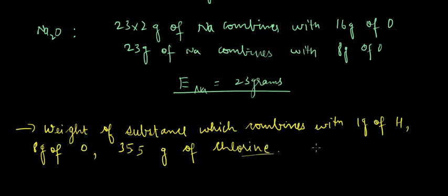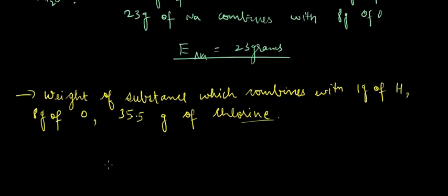This is how the equivalent weight of any substance is calculated in the compound in which it forms or combines with these grams of the following atoms.